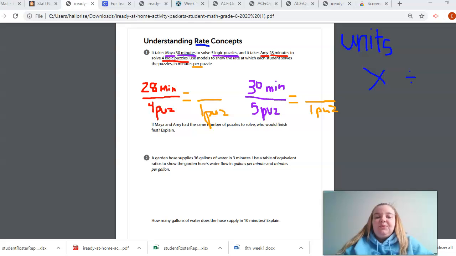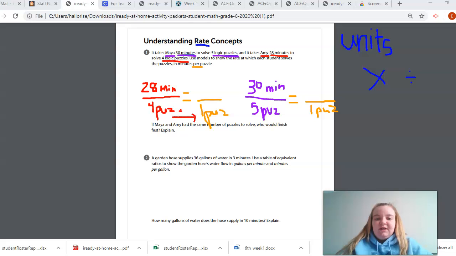So when we want to know how we can get from 4 to 1, we're not going to subtract 3 to get from 4 to 1, or add 3 to get from 1 to 4. We are going to use multiplication or division. So in this case, getting from 4 to 1, we can divide by 4.